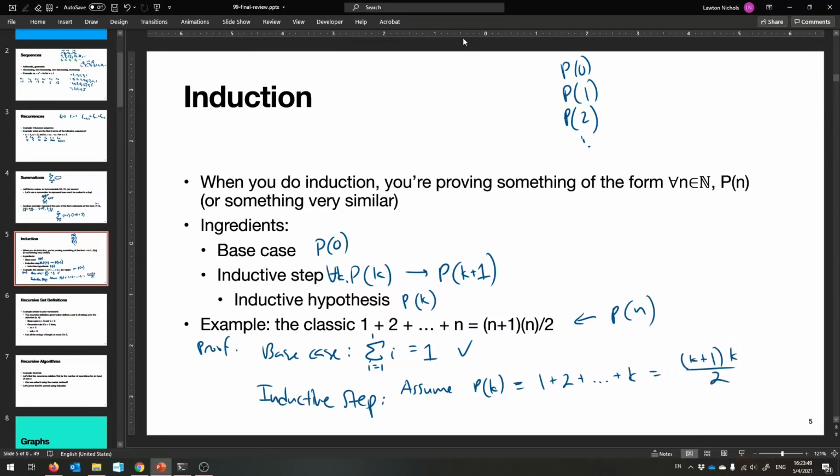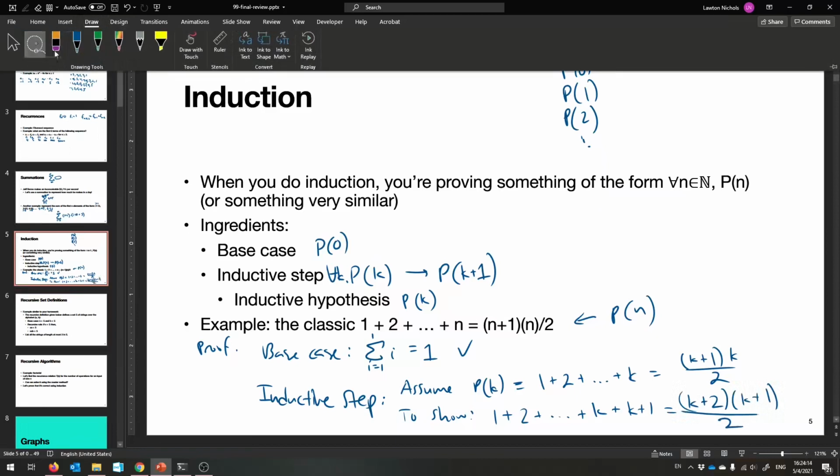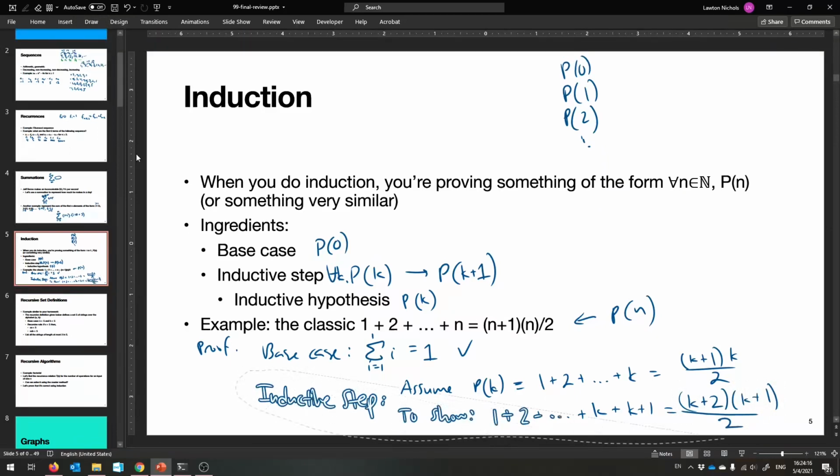Yeah? That's what we get to assume, and now we have to show that P of k plus 1 is true. That 1 plus 2 plus dot dot dot to k plus 1 is equal to (k plus 2) times (k plus 1) over 2. And so let's bring this onto a new slide and go from there.